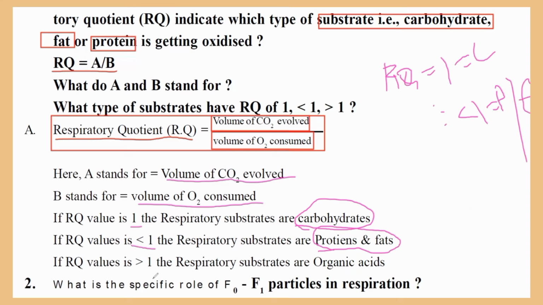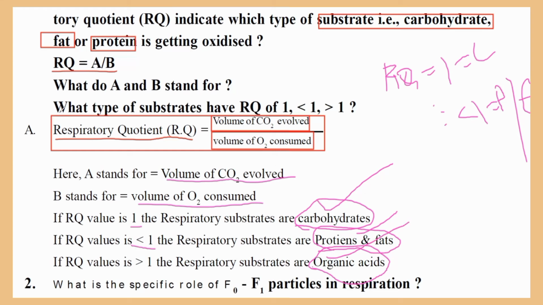If the respiratory quotient is greater than 1, they are organic acids. Now I will conclude: if the respiratory quotient is 1, they are carbohydrates; if less than 1, they are proteins or fats; if greater than 1, the respiratory substrates are organic acids.